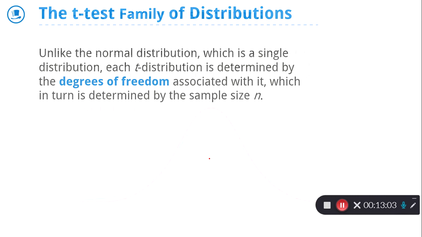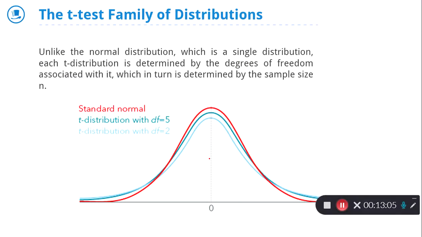Well, as degrees of freedom decrease, the t distributions get shorter in the top and a little fatter in the tails. They get smushed.